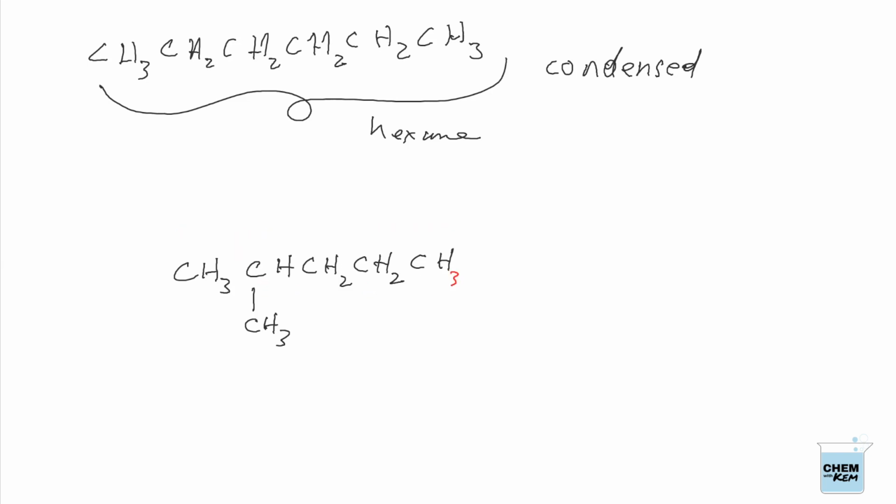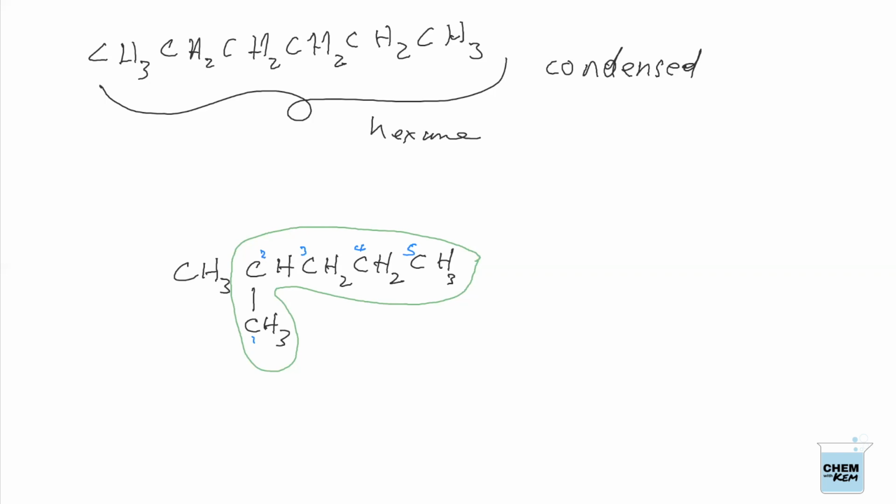There's another way to look at it. We could have looked at it like this, and the longest chain would have still been 5. So if we count from this end, 1, 2, 3, 4, 5. That's one way. Let's use another color to highlight this.